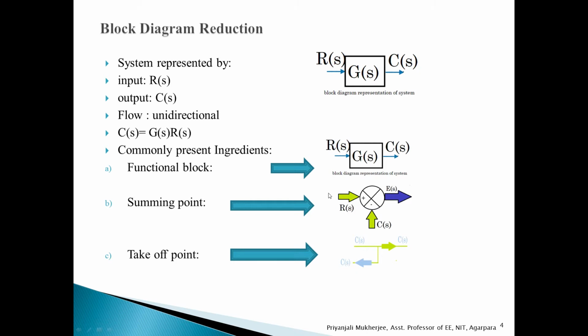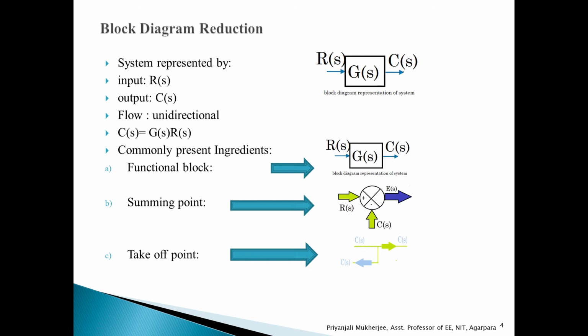Here, R(s) has the positive sign and C(s) has the negative sign. So, the output E(s) is the algebraic difference between R(s) and C(s). That means E(s) is equal to R(s) minus C(s). If this sign is positive, then E(s) will be the algebraic sum of R(s) and C(s). That means E(s) will be R(s) plus C(s).